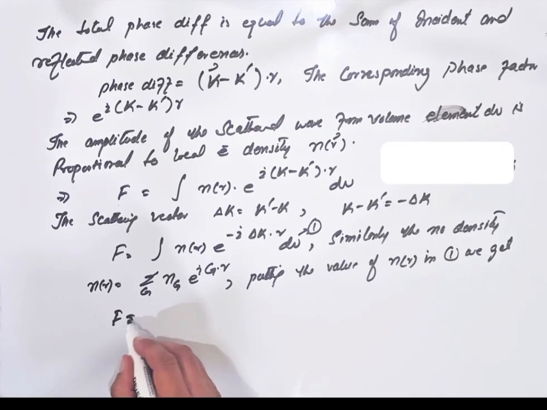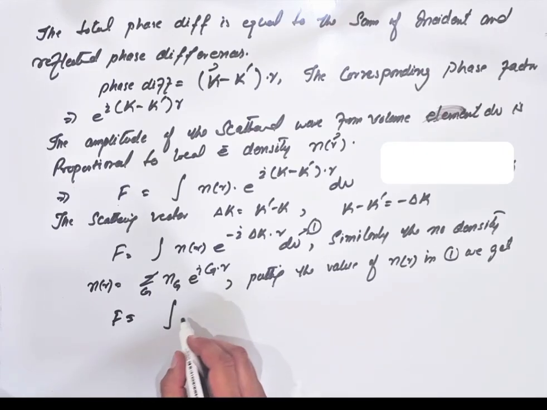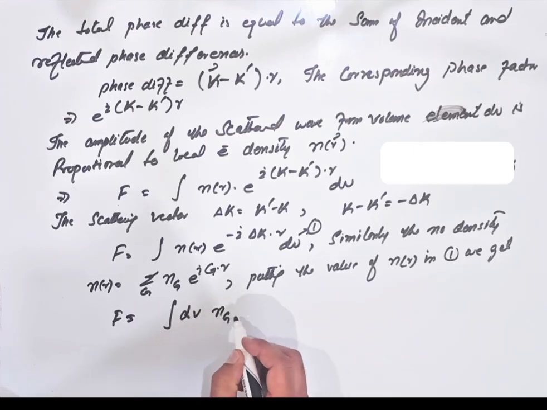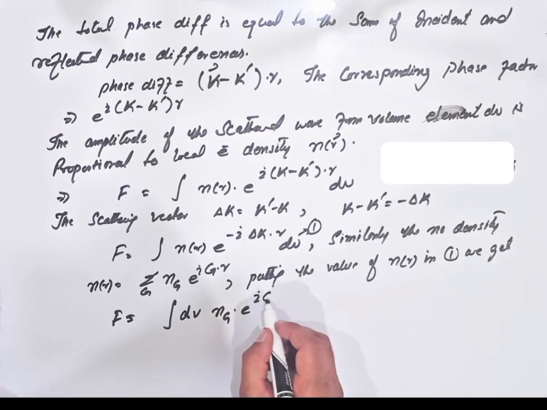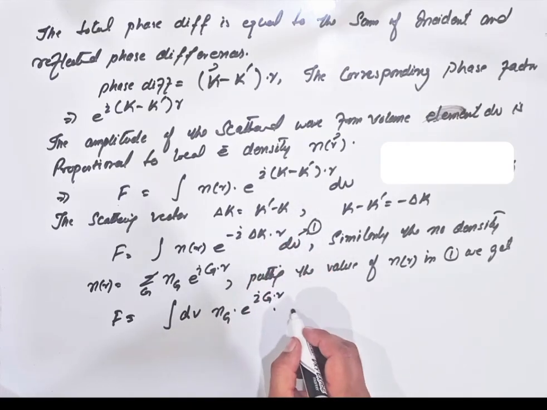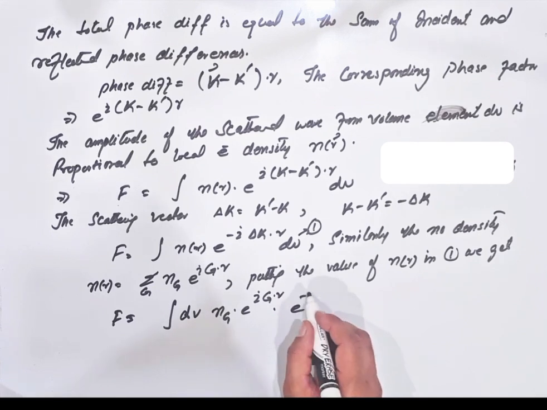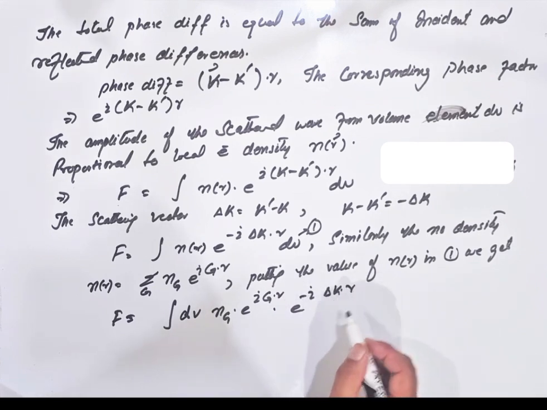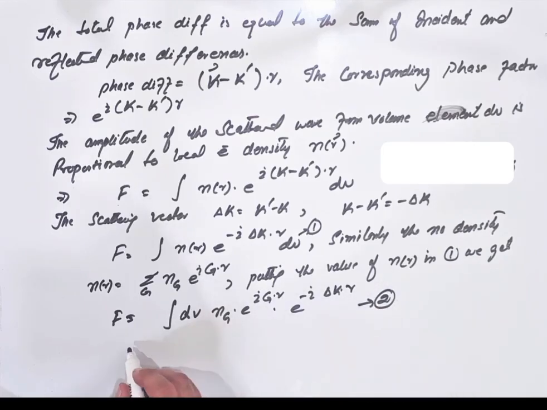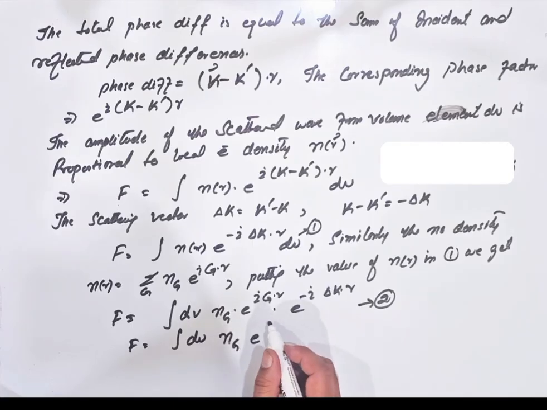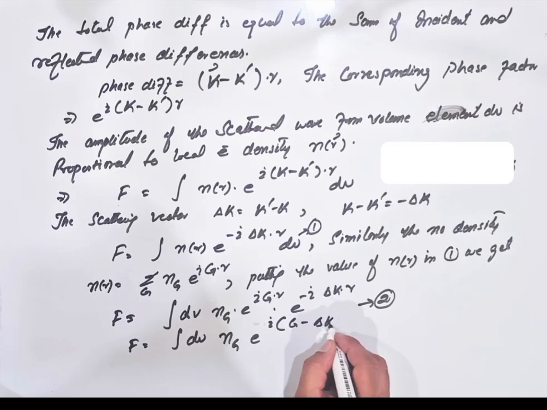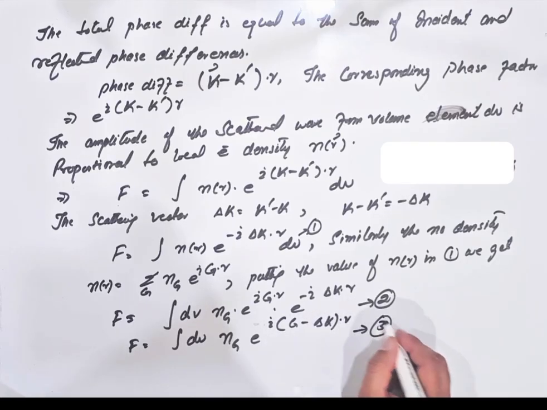the scattering factor as integral over the volume dV n_G e to the i G dot r and e to the minus i del k dot r. This is equation 2. So F is equal to integral dV n_G e to the i G minus del k dot r, which is equation 3.